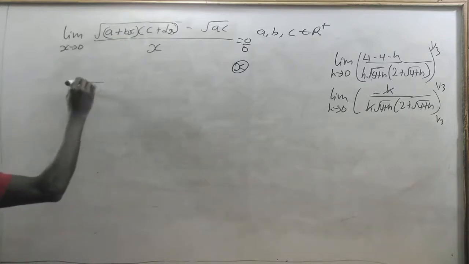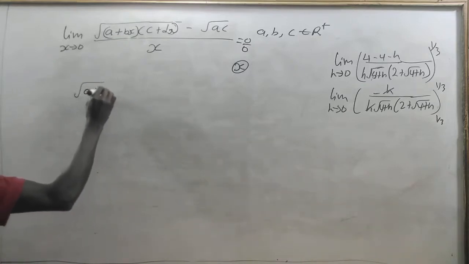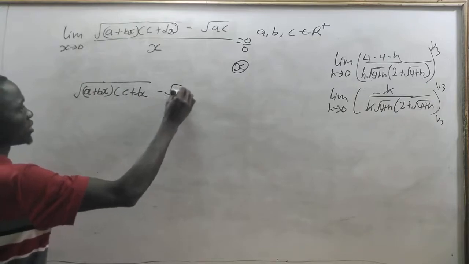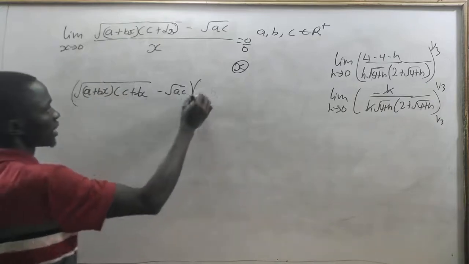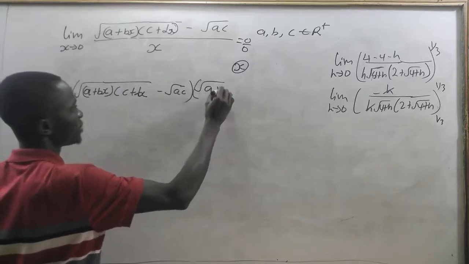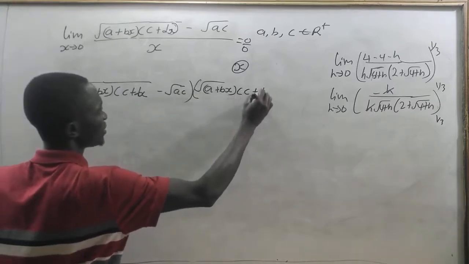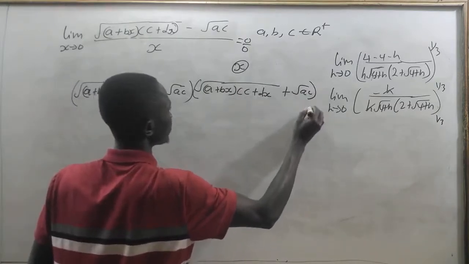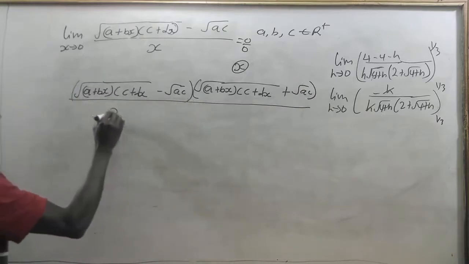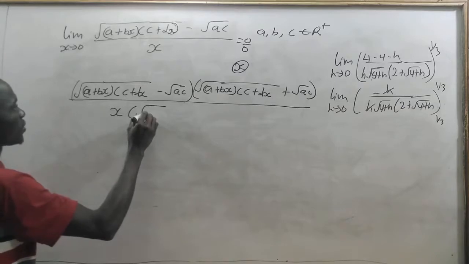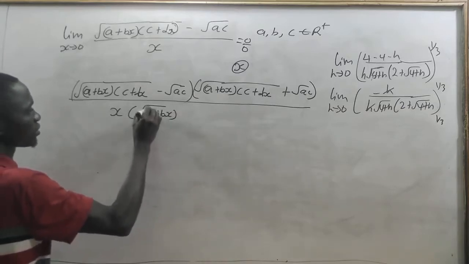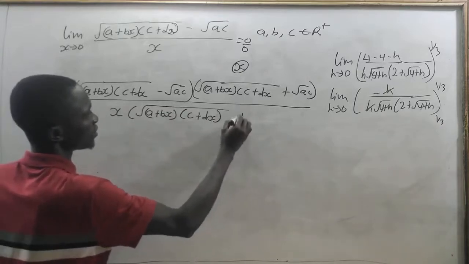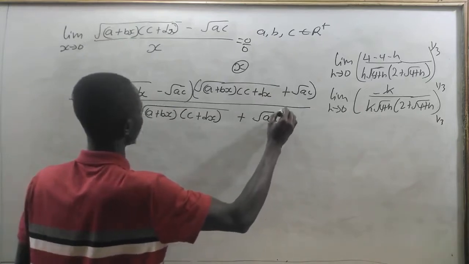So we will take the square root of a plus bx times c plus dx minus the square root of ac, times the square root of a plus bx times c plus dx plus the square root of ac, that is the conjugate, all divided by x times the square root of a plus bx times c plus dx plus the square root of ac.